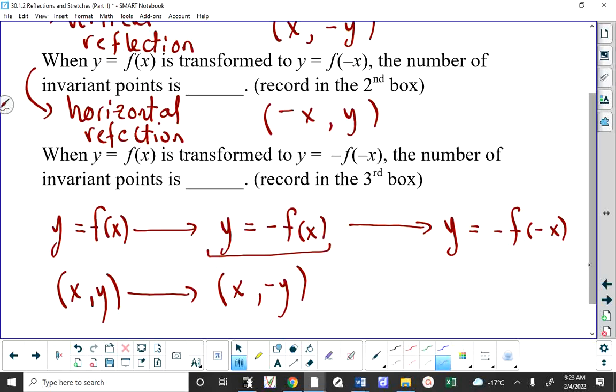And the horizontal mapping is going to take this x coordinate in this ordered pair and multiply by -1. And it's going to take the y coordinate in this ordered pair and leave it alone. Right? And right now it's -y. And what I'm getting at, I could have very easily answered this question by saying, since there's a negative in front of the function and there's a negative in front of x, it is reflected both horizontally and vertically.